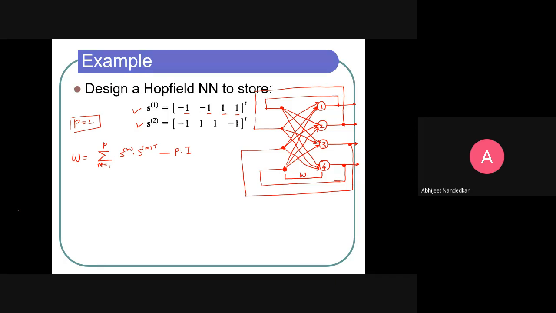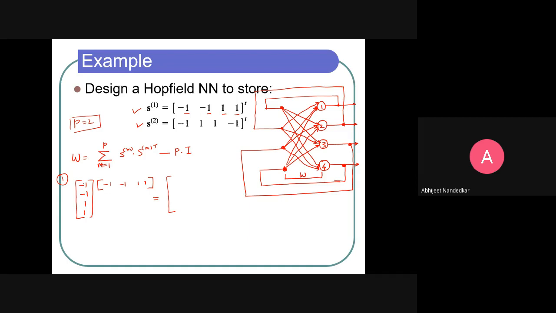So what is to be done? You take the first pattern, say S1. I am preparing the outer product for S1. So this is S1, it is minus 1, 1 and 1, multiplied by its transpose. So this will result in a matrix.